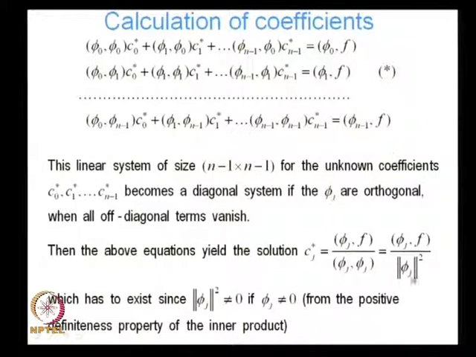Why? Because this thing cannot be equal to 0, because we have assumed that phi j is not equal to 0. So, it has got to be positive, and if it is positive, then each of these Cj stars exists.